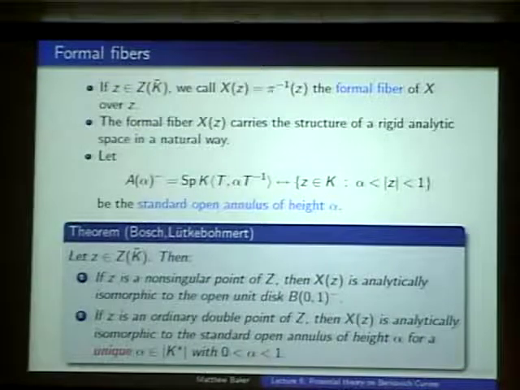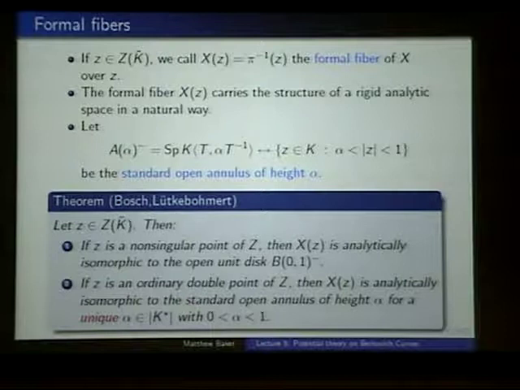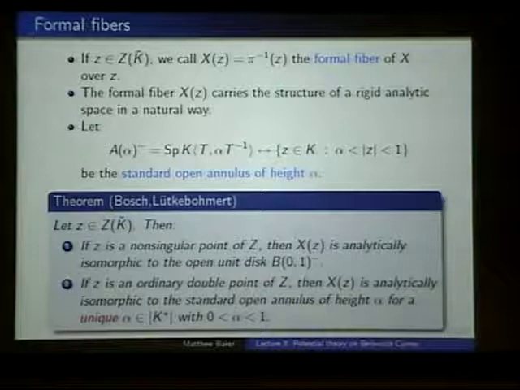And actually, we've seen this kind of thing in Jeremy Teitelbaum's talk, the open annuli that he's seeing in terms of this reduction map to the Bruhat-Tits tree is closely related to this fact here. The appearance of the open annuli and disks is the same phenomenon.